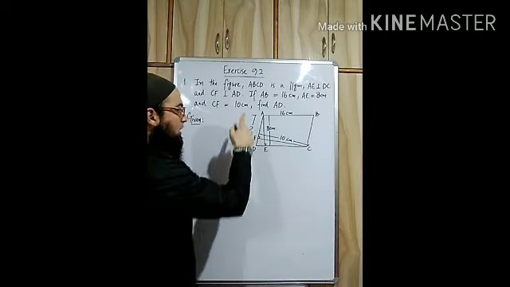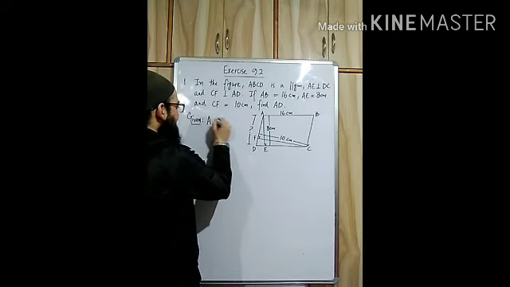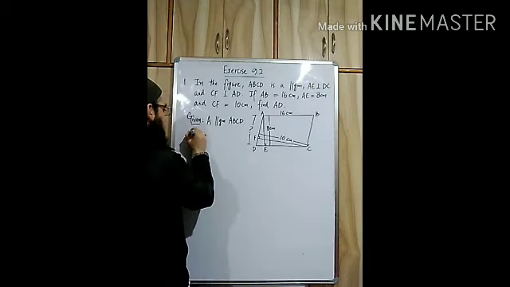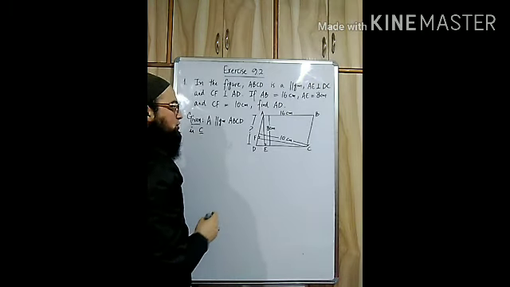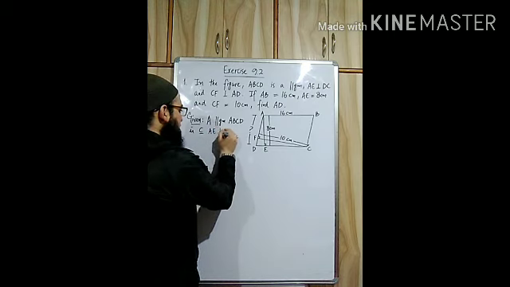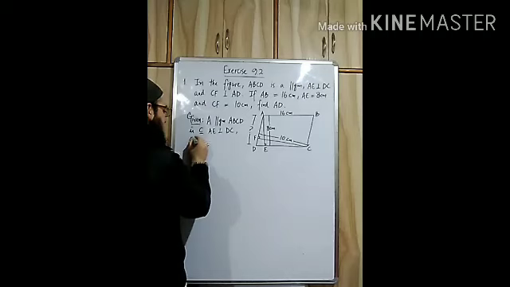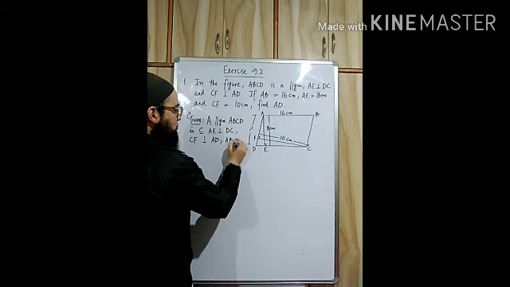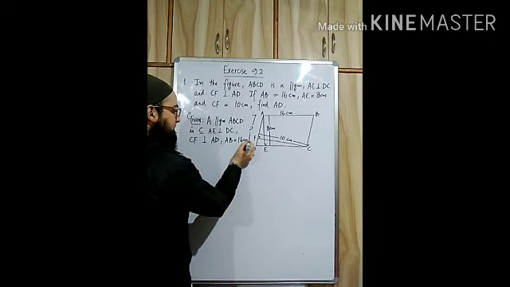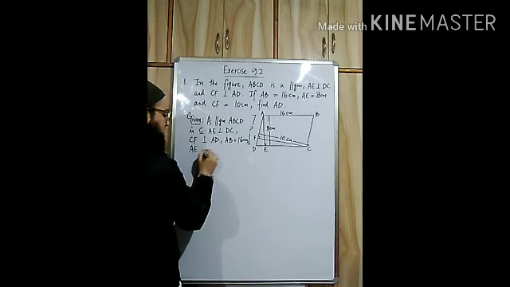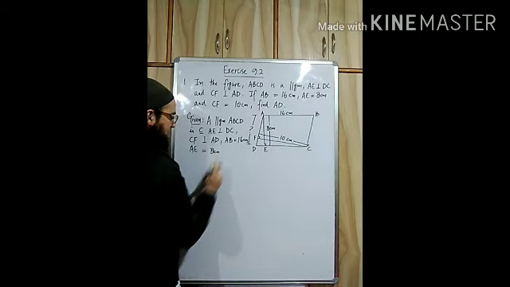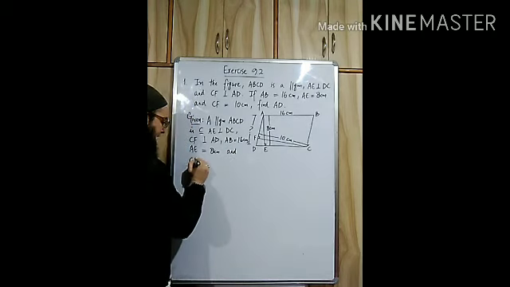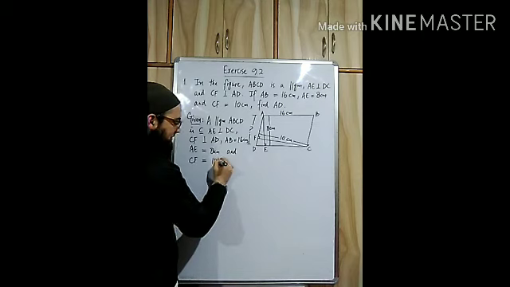What is given? A parallelogram ABCD in which AE is perpendicular to DC, CF is perpendicular to AD, AB is equal to 16 centimeter, AE is equal to 8 centimeter, and CF is equal to 10 centimeter.